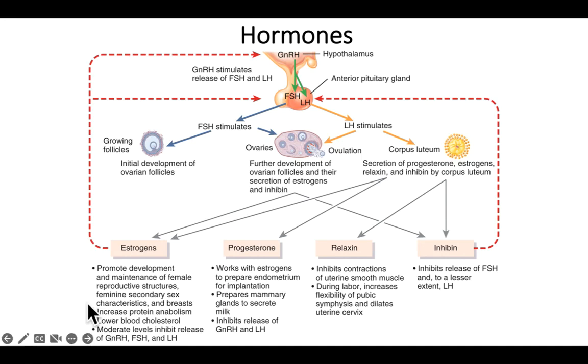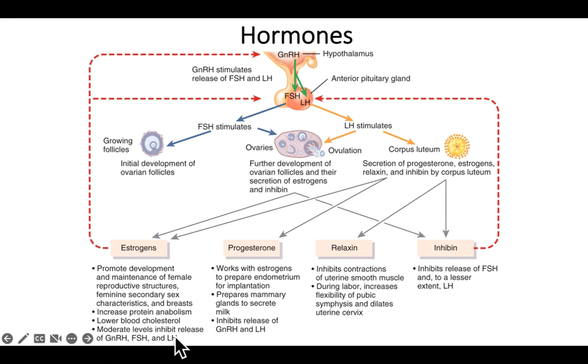And then a really important concept in female reproduction is negative feedback. So if estrogen levels are high, they're going to inhibit the gonadotropins. So it inhibits the release of gonadotropin releasing hormone, FSH, and LH.